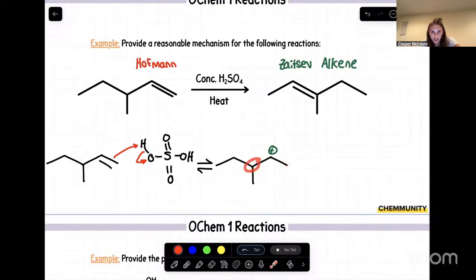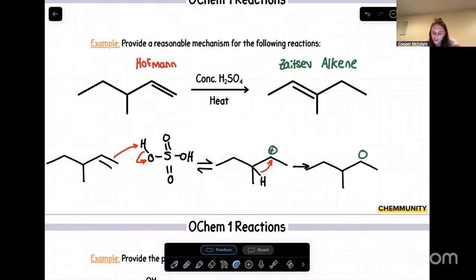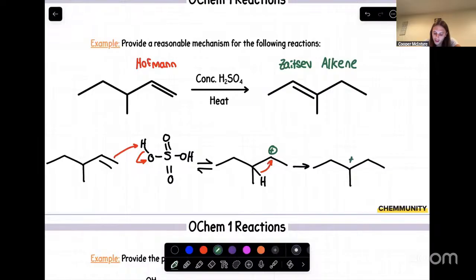But if we look on the left side, we now have a tertiary position. So it's telling us that carbocation can be more stable on the tertiary position. Hydride shift will occur. Move that over towards that secondary carbocation. And then by doing that, we now have a way more stable tertiary carbocation, which is right here.